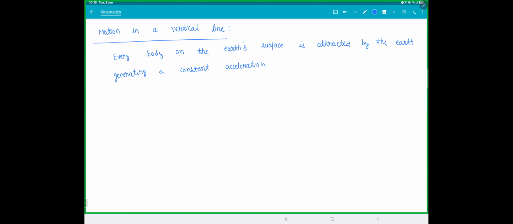Right? So whenever you're on Earth's surface, you always get a constant acceleration. It actually changes with height, but we are talking about very close to the surface. You studied this in school. We call it acceleration due to gravity.